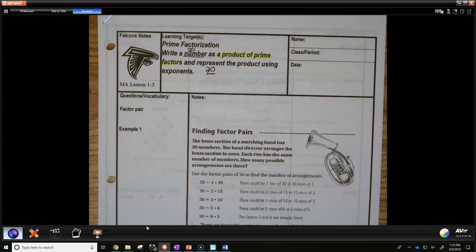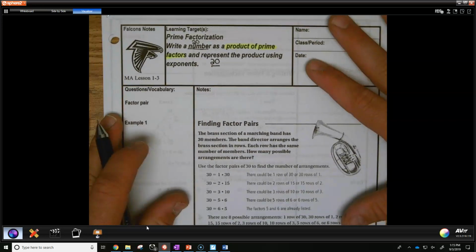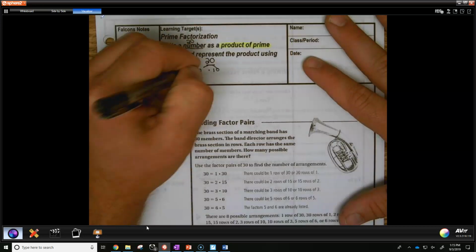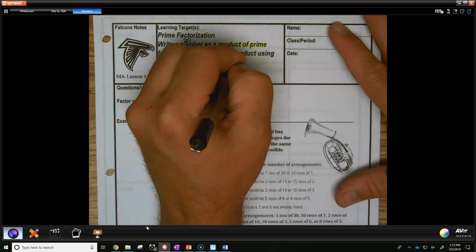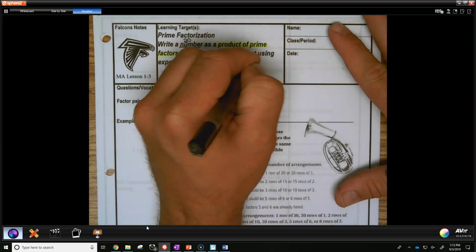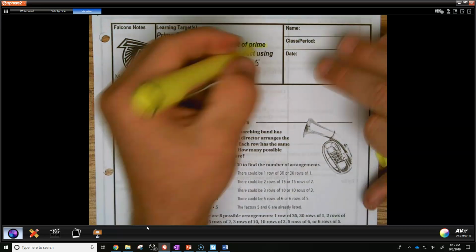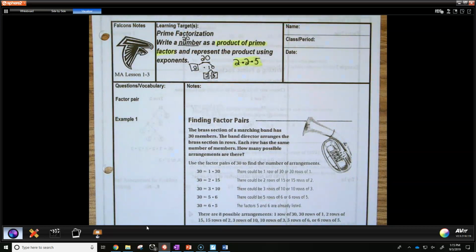So my number is 20, and I want to write it as a product of prime factors. To do so, I would just copy my notes, and we'll work on this in a little bit. I'll explain it more. But I'm going to write down, and that is my answer. 2 times 2 times 5.